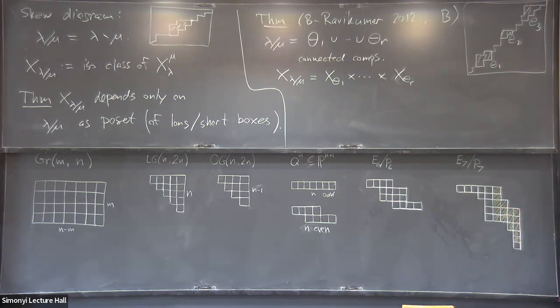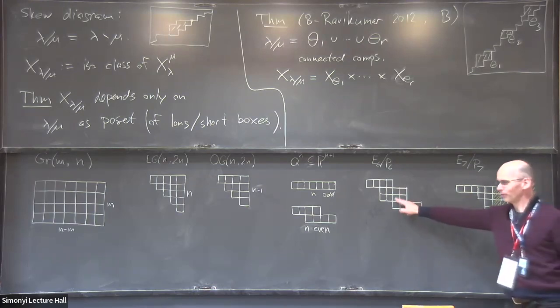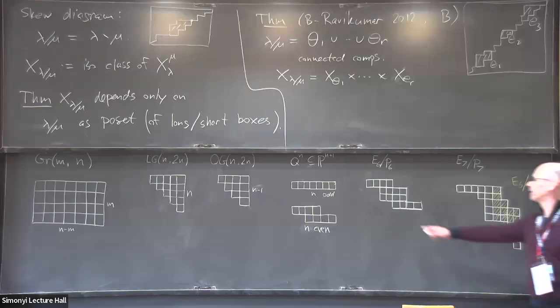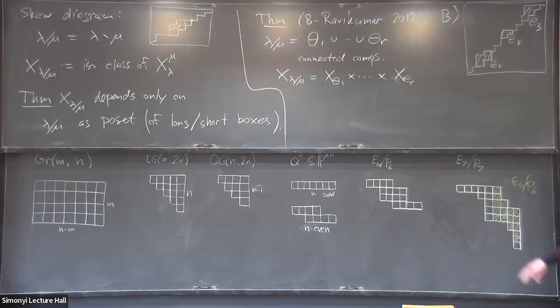This skew set here just gives you an E6 modulo P6. It's the Cayley plane. And why is that? Well, because this poset is isomorphic to this poset. Just have to flip some things around. So the Cayley plane, this guy is not a Schubert variety in the Freudenthal variety here, but it is a Richardson variety.